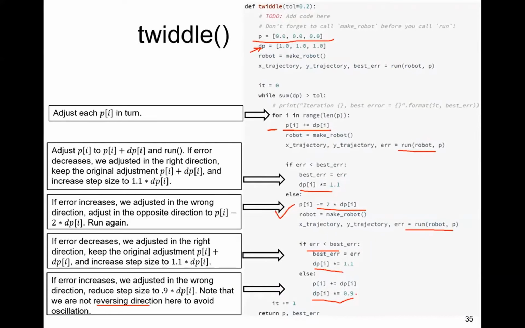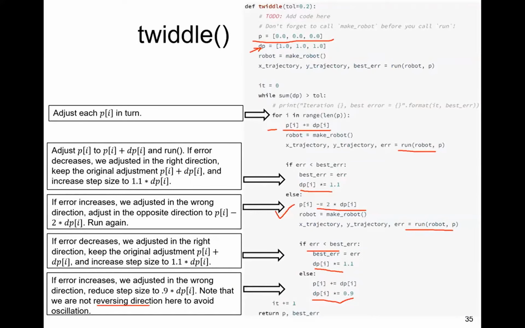So no, there is an inner loop for E in range, and there is an outer loop while some dp is greater. And when it runs the next while, it redoes this adjustment of the P again. So you're adjusting P, then D, and then I, because the parameters are proportional, derivative, integral in that order.